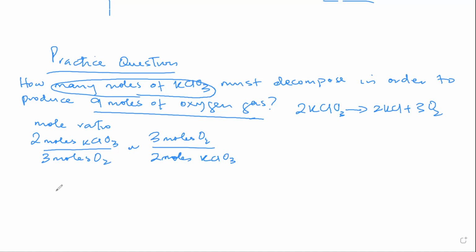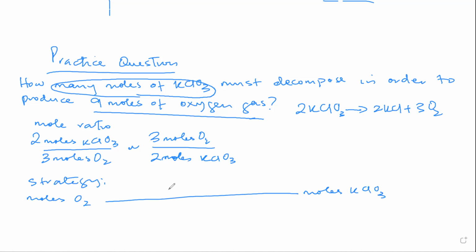Then the strategy: we are going from moles of oxygen to moles of potassium chlorate, using the mole ratio. So we want to solve for moles of potassium chlorate. We know 9 moles.